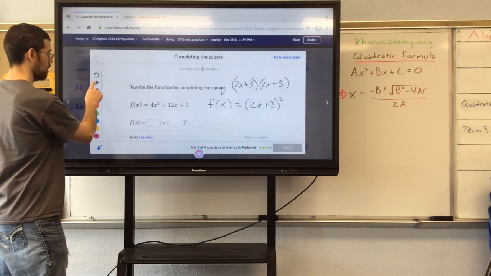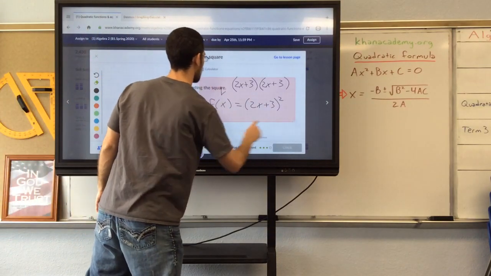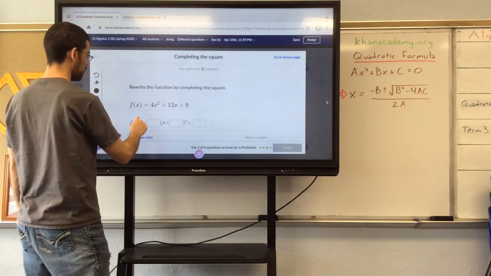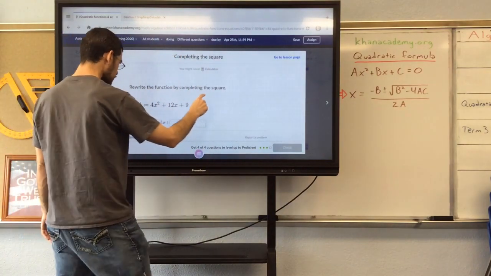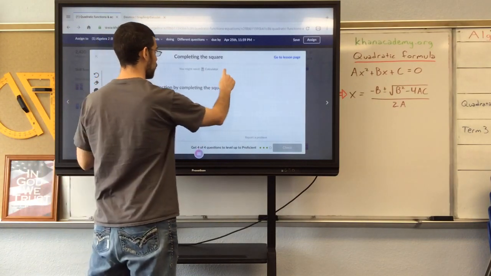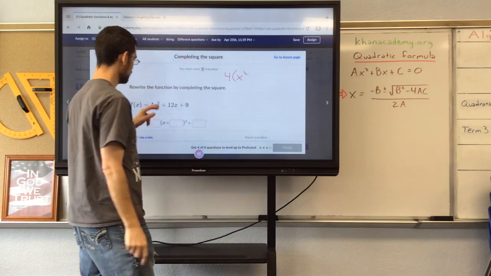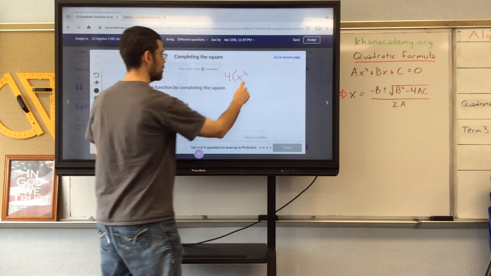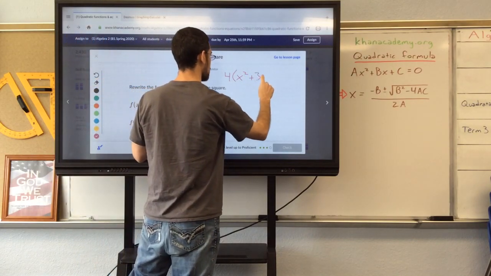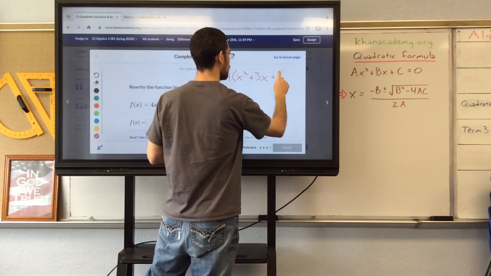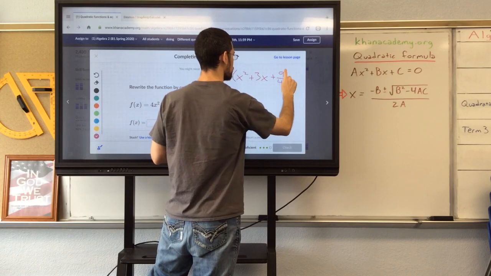So let's do that. So if I divide this whole expression by 4, or I factor out 4, I get 4 times x squared, 4 times 3x, and 4 times 9/4.